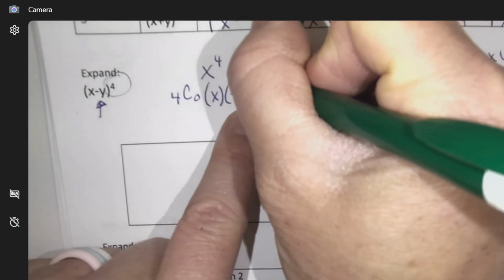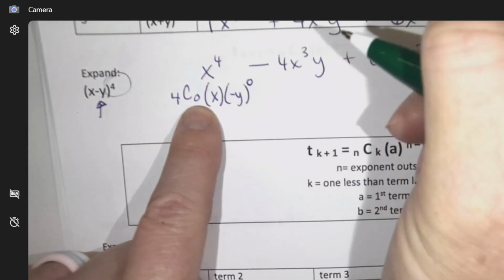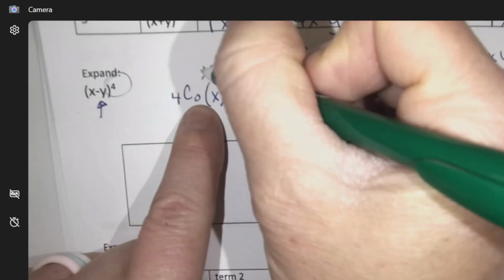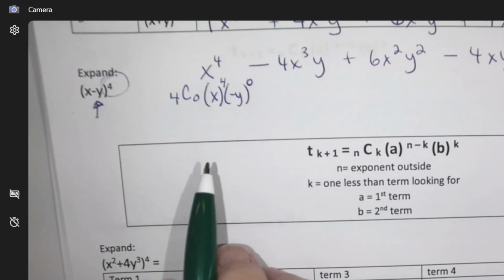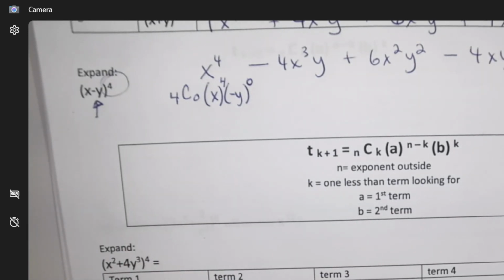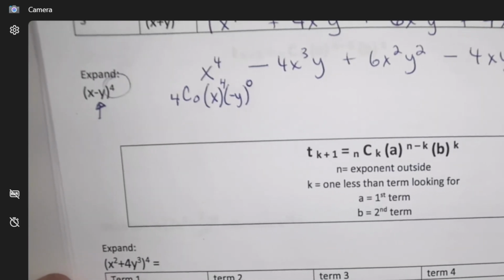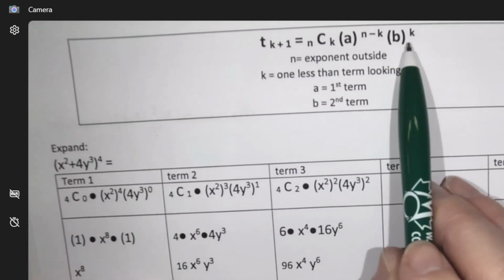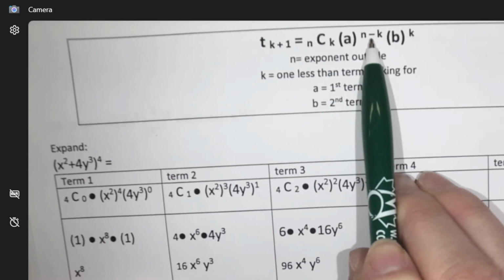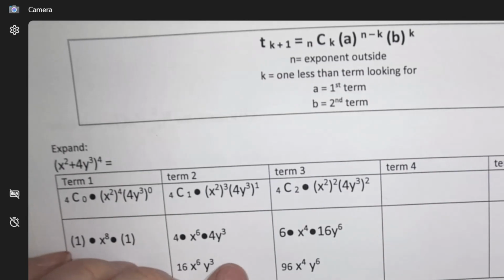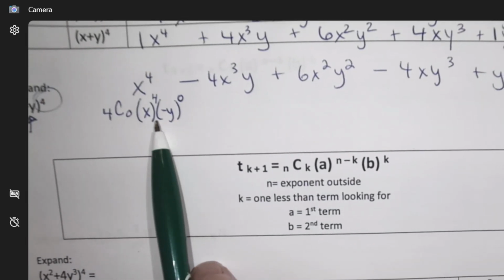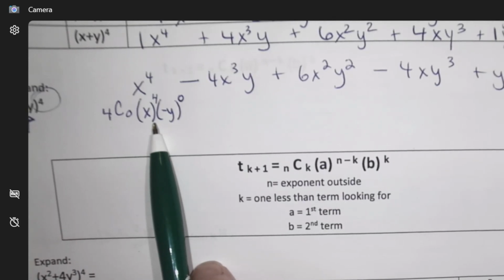I gave this one the exponent 0 to match that. And I gave this one the exponent of the subtraction. So that's what this formula is doing. So the exponent here matches your choose number, and then that's the subtraction one. So this was 1, x4.